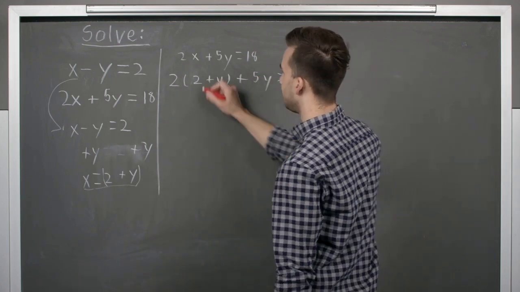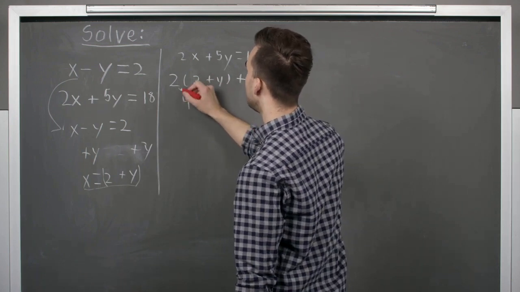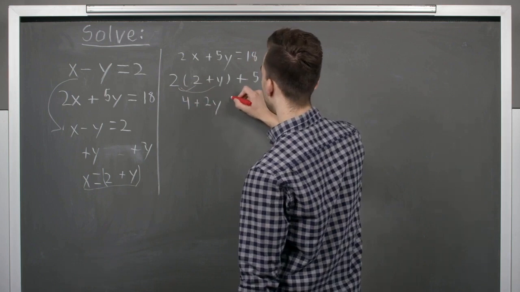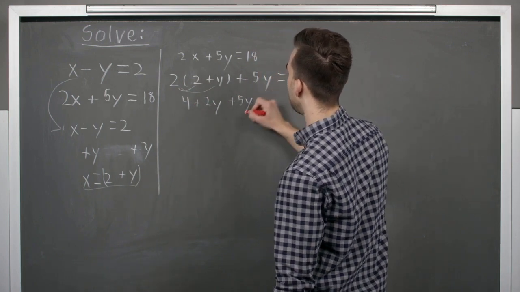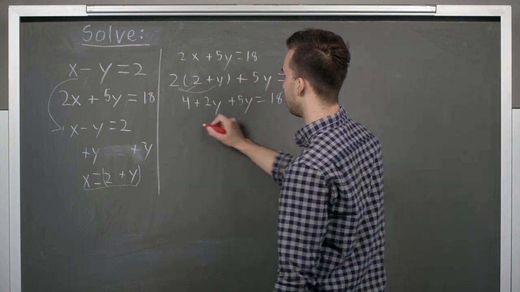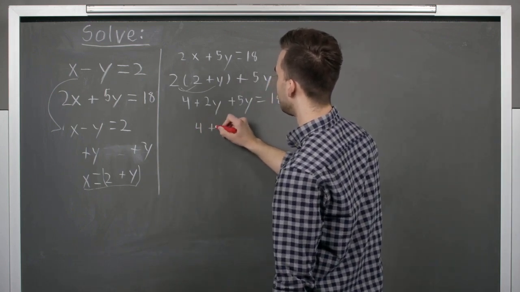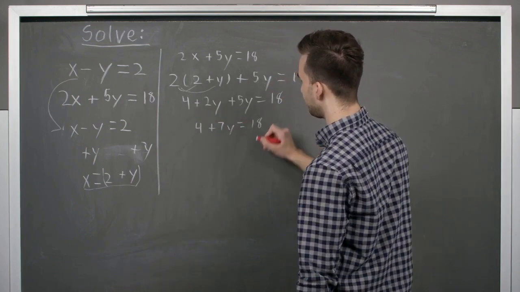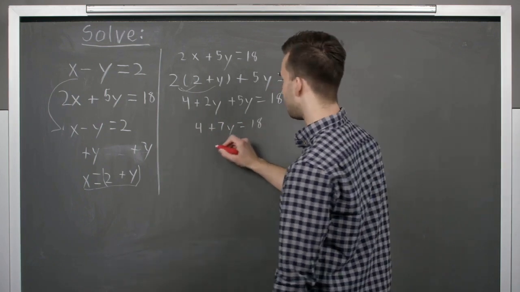Let's simplify this. So 2 times 2 is 4. And then 2 times y is plus 2y. And then plus 5y equal to 18. Let's add like terms. We have 4 plus 7y equal to 18. Let's subtract 4 from both sides.